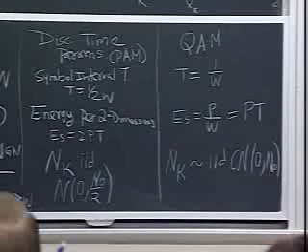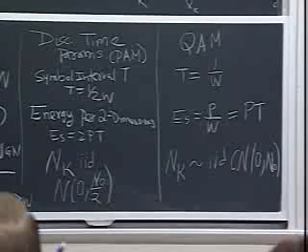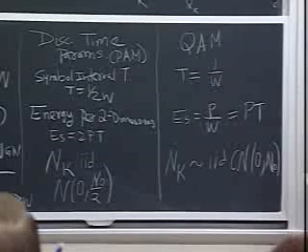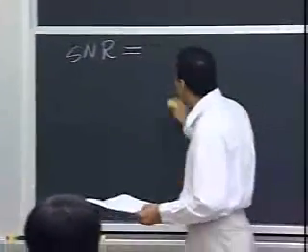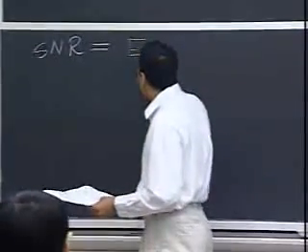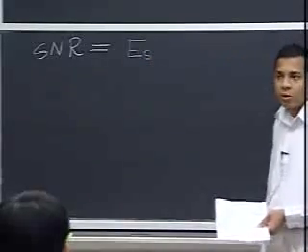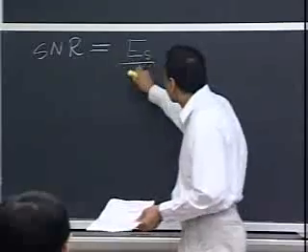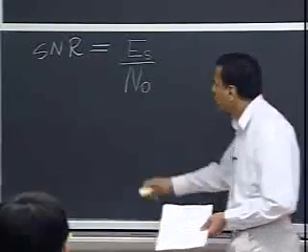And one of the key parameters that comes up over and over again in the analysis is this notion of signal-to-noise ratio. The signal-to-noise ratio is defined as the energy per 2 dimensions over the noise variance per 2 dimensions. So that's the definition of signal-to-noise ratio.